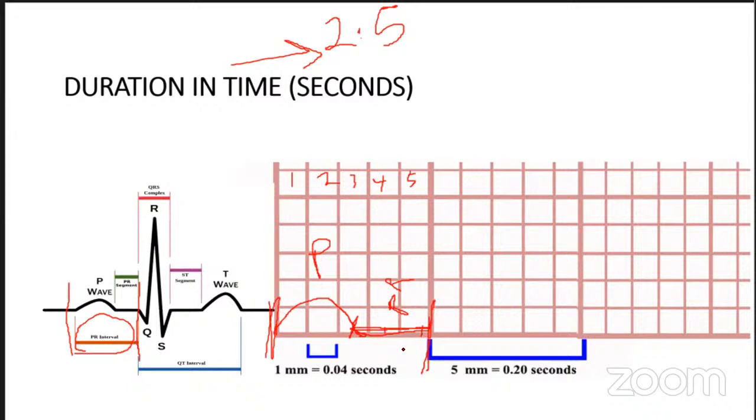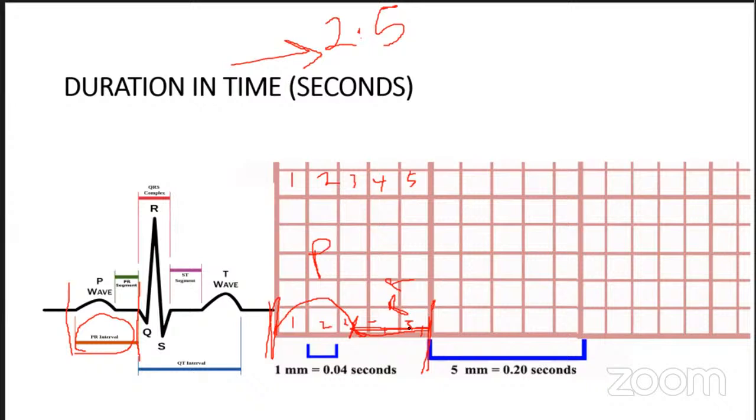And you notice that our PR interval is made up of what? 5 small boxes. So this is 1, 2, 3, 4, 5. If somebody asks me what should be the normal PR interval, all you need to tell the person is 5 small boxes. But because we said one small box is 0.04 seconds, you can as well say your PR interval should be 0.04 seconds times 5, which is what? 0.20 seconds.